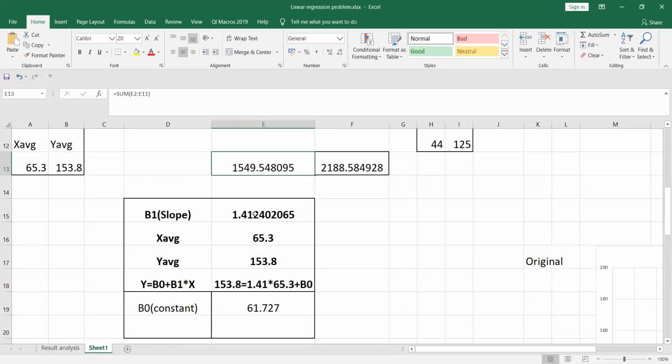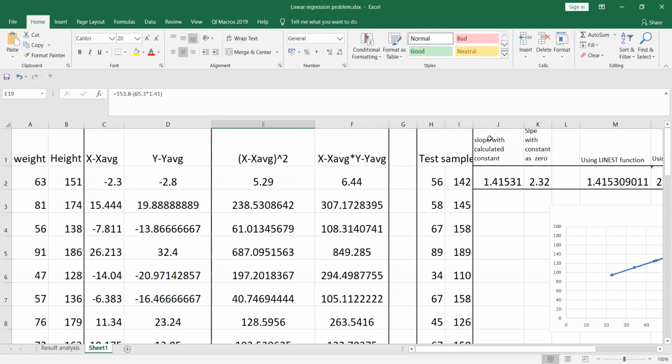So now I got this equation and the constant, and then I applied the LINEST function. What does the LINEST function give me? If I use the inbuilt function, it takes the range of y and the range of x values, with beta 0 as calculated or constant. We have already discussed this.